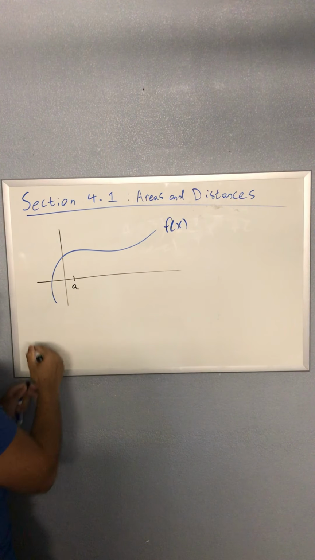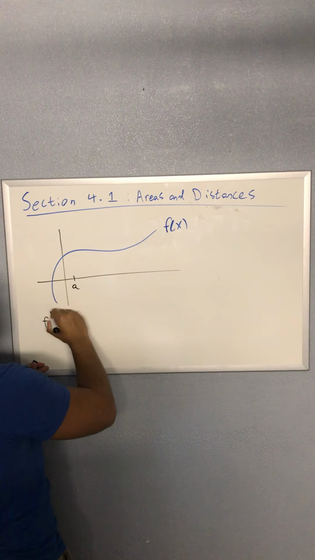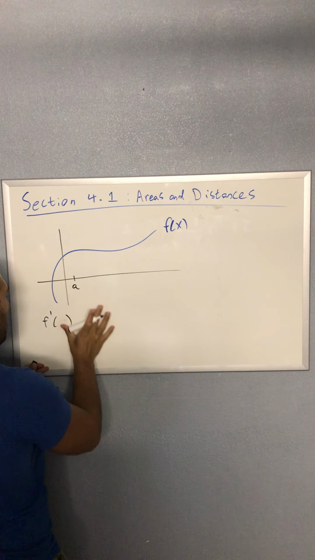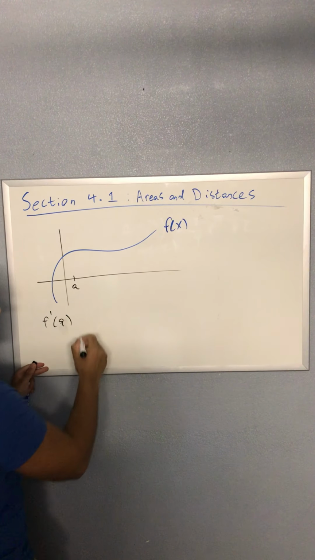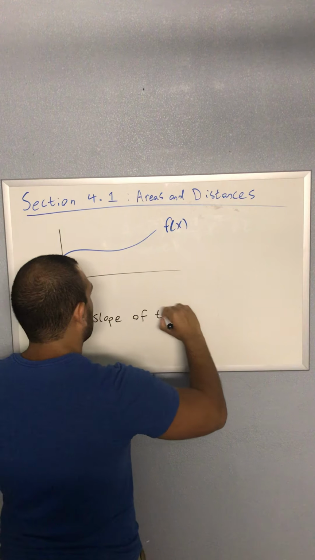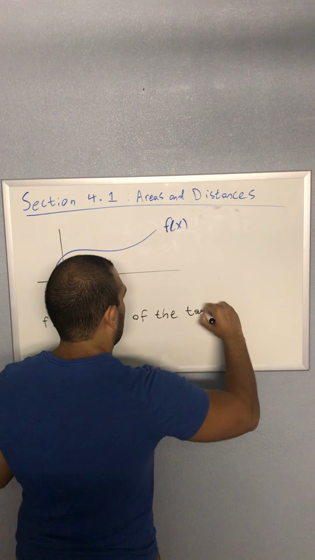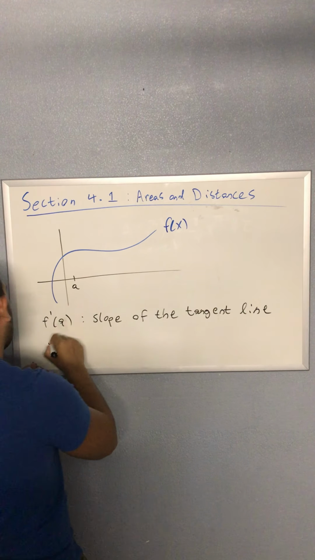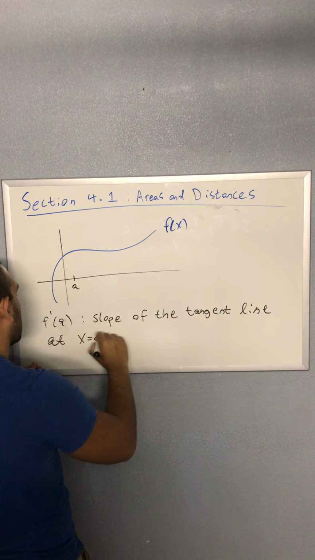Then what does f prime of a tell me? Remember, this was the slope of the tangent line at x equals a.